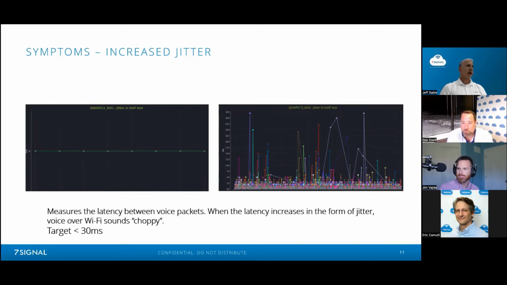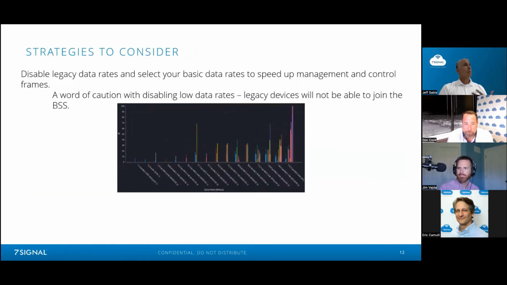So potentially it could be a little bit scratchy or a little bit choppy, right? If you're doing a VoIP call, it may not be the highest quality depending upon which AP you're connected to within that particular customer's environment. So these are all measurable.